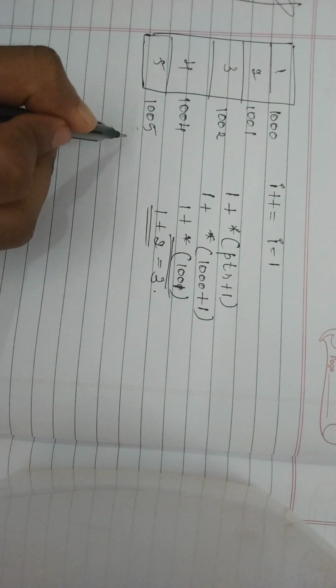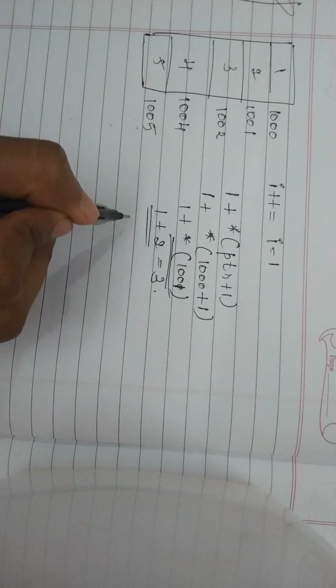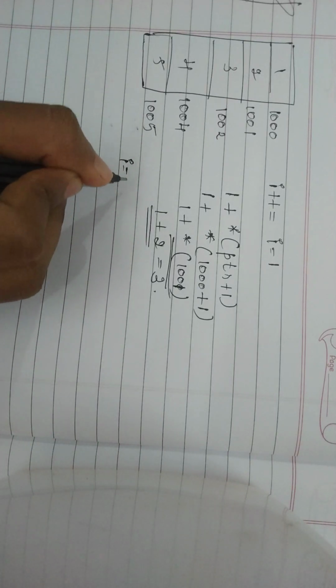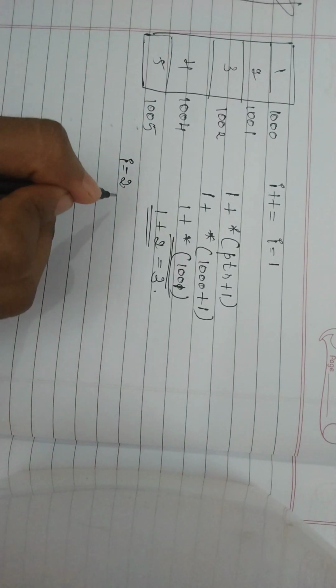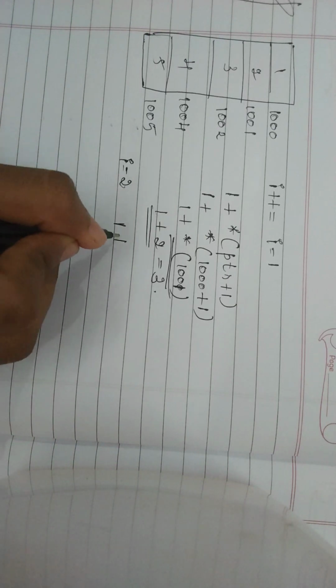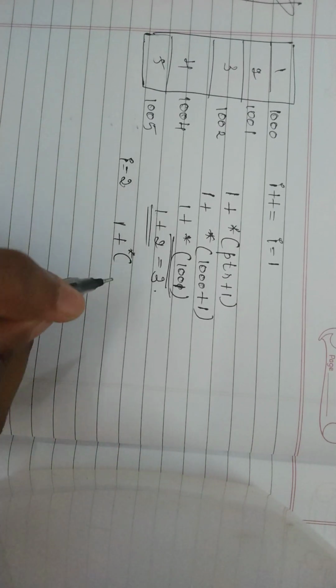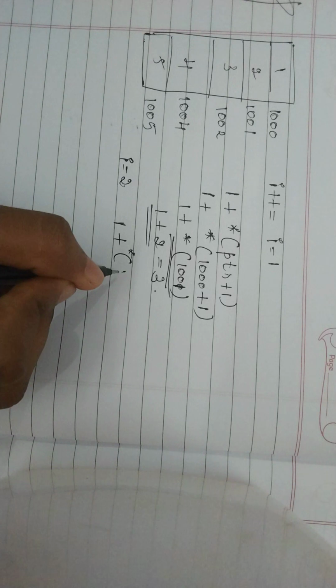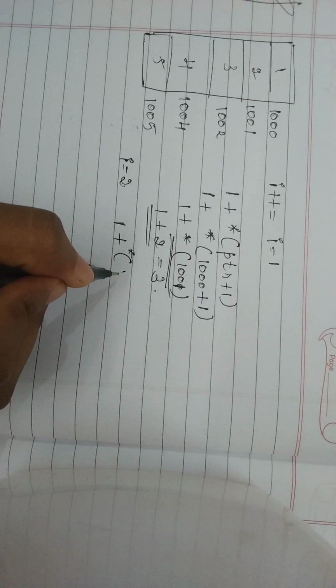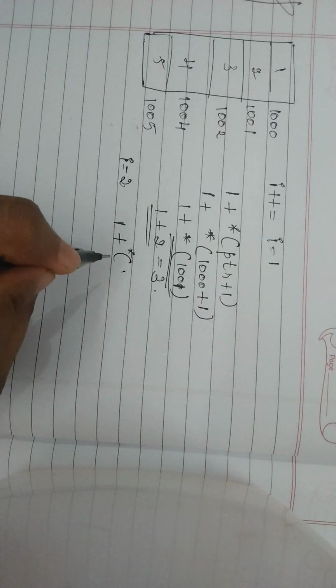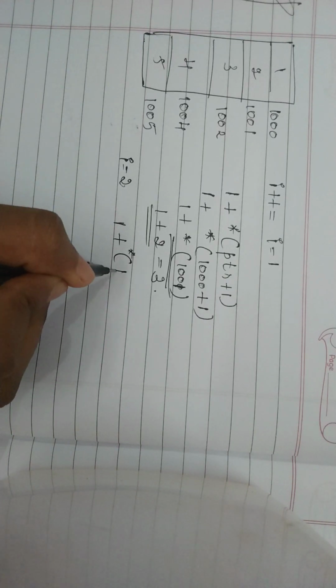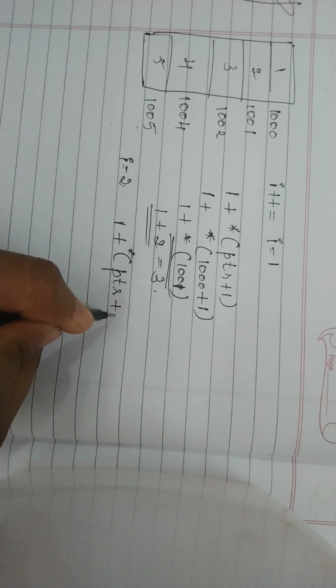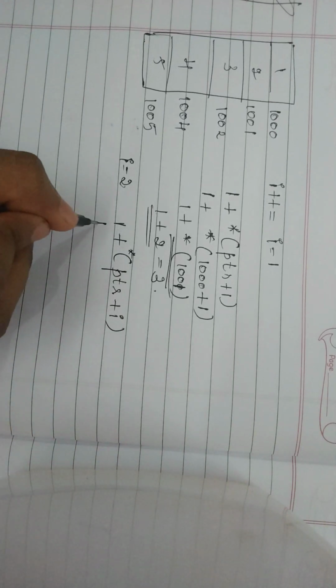Let's go to the next one. Now i plus plus, after that i is incremented. Now i is equal to 2. This is the formula which is available in the program, star of ptr plus i.